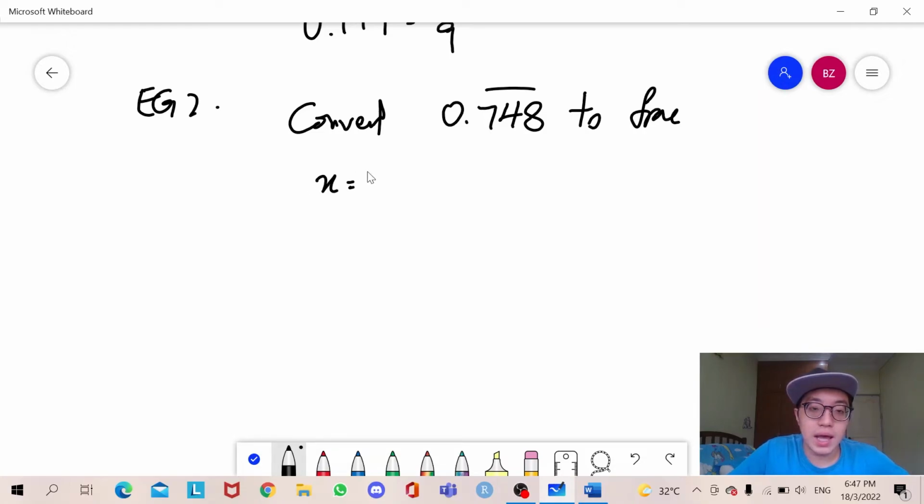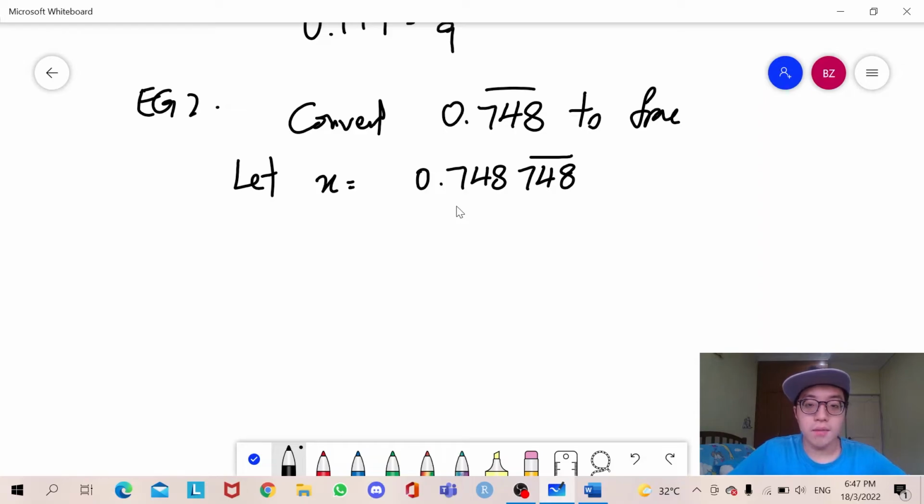Step 1, we will let x equals to 0.748748 bar. All right, and you will need to multiply x by the amount of decimal places in the repetition. For example, 748 takes up thousands, right?